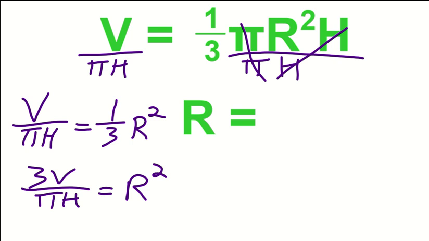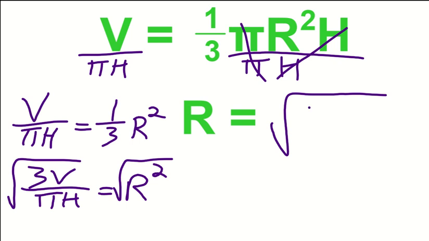All right, how do I get rid of my exponent? Square root. All right, so that's the kind of tricky part, or the part we sometimes forget. But I feel like answer choices would kind of flash that memory there. So we got square root of 3 times the volume divided by pi times the height.